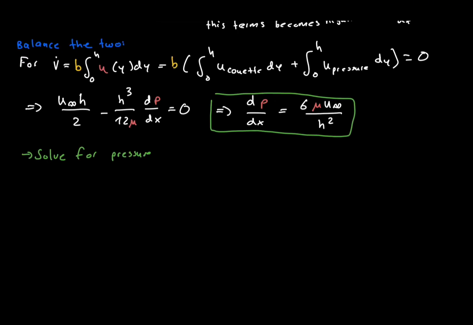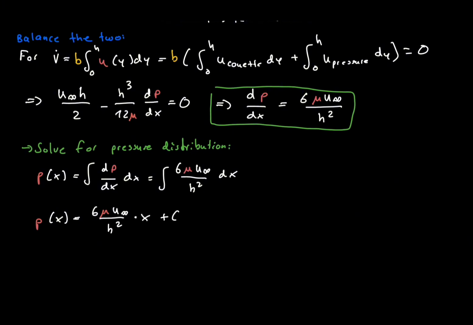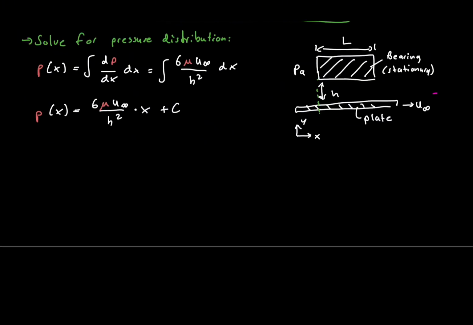Finally, we determine the pressure distribution. Integrating the pressure gradient gives P of x equals 6 mu U infinity divided by h squared times x plus a constant. At the entrance, x equals 0, the pressure equals the ambient pressure PA.